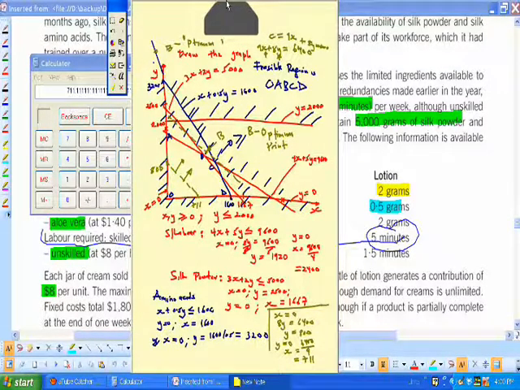So if your graph is accurate at this point, read off the values for x and also the values for y. The figures read off at this point will be the optimum points.